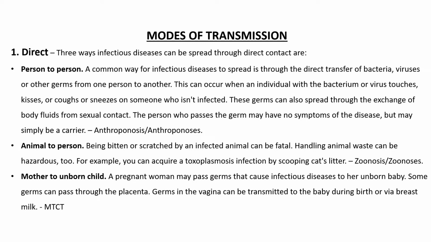Such a transmission is considered animal to person transmission, and it is technically called zoonosis. And the last kind of direct transmission of infectious agents occurs from a mother to an unborn child, where a pregnant woman can pass germs to her unborn baby.